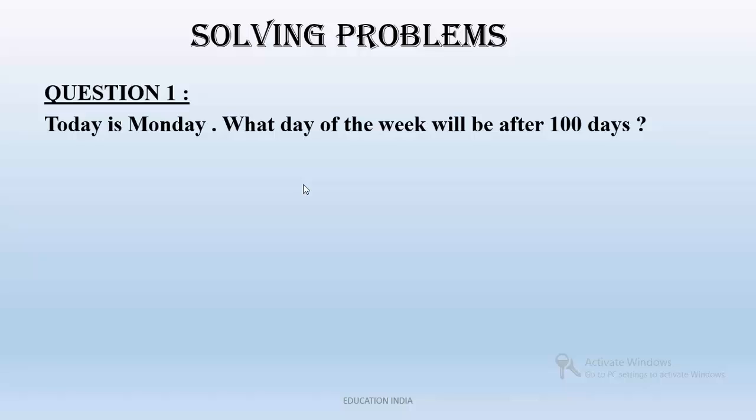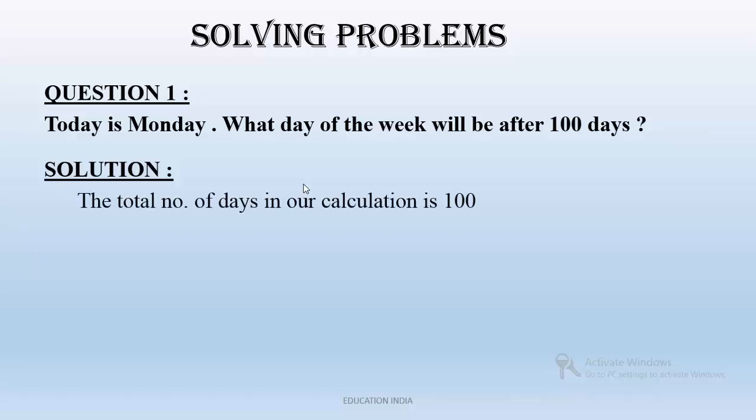Suppose a question is, today is Monday. What day of the week will it be after 100 days? As we can see, the total number of days in our calculation is 100. To find the number of odd days, we divide 100 by 7 and the remainder gives us the total number of odd days.